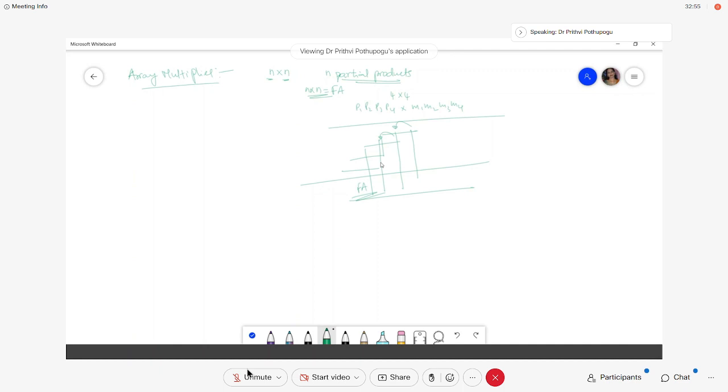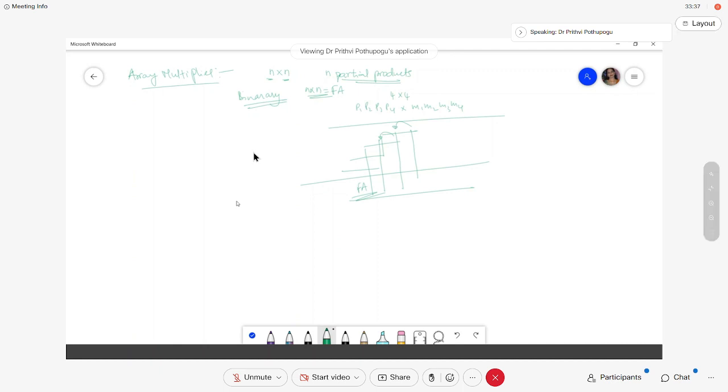Here, in the binary format of the multiplier, when you are deriving the partial product, is there any common element that is repeating in your partial product?